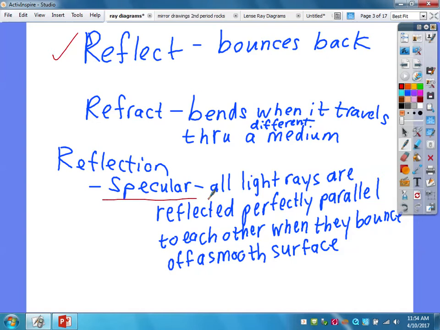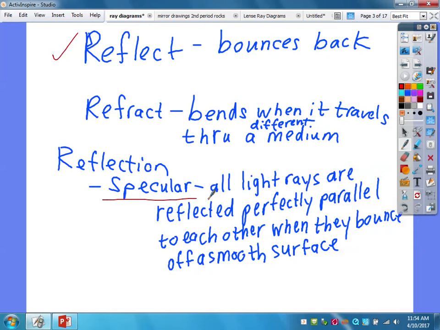Think about looking at the screen from my projector. You have multiple sources of light, multiple areas of light coming towards you, and they hit you in all areas. What we're trying to say is they will all reflect back parallel perfectly, and this is how we're able to see an object. So it's called specular reflection.